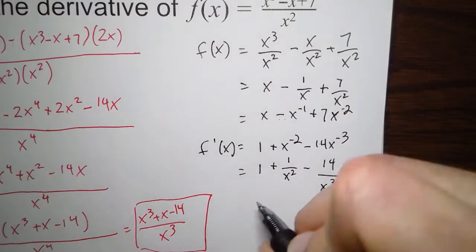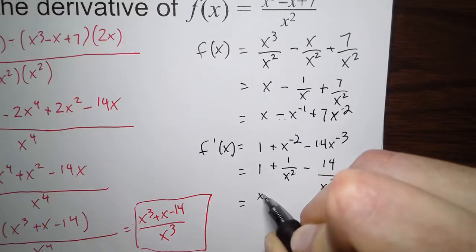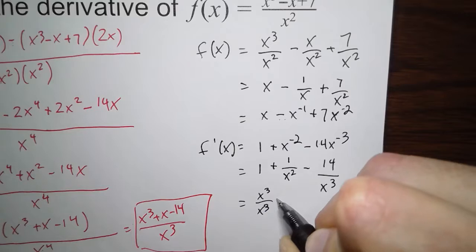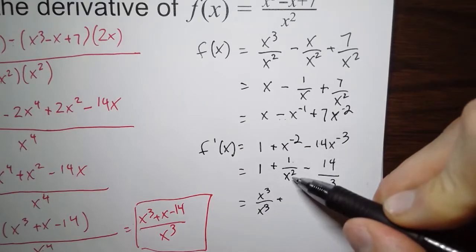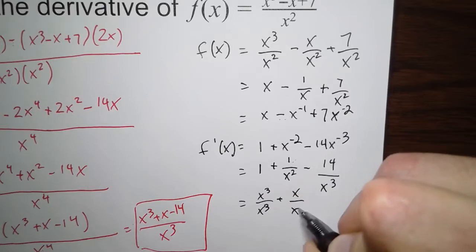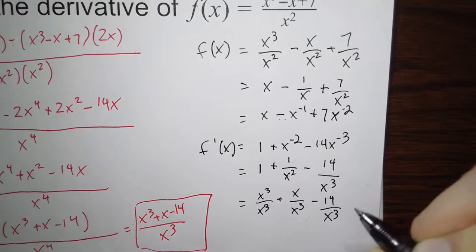So we're going to multiply the first term by x cubed over x cubed, and the second term by x over x. So we have x cubed over x cubed, x over x cubed, minus 14 over x cubed.